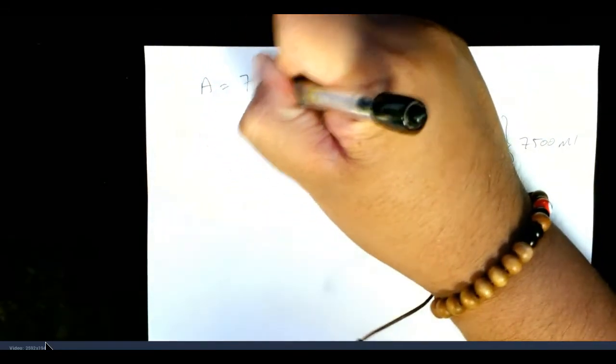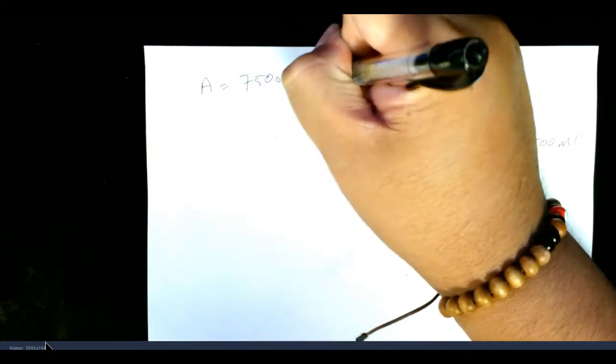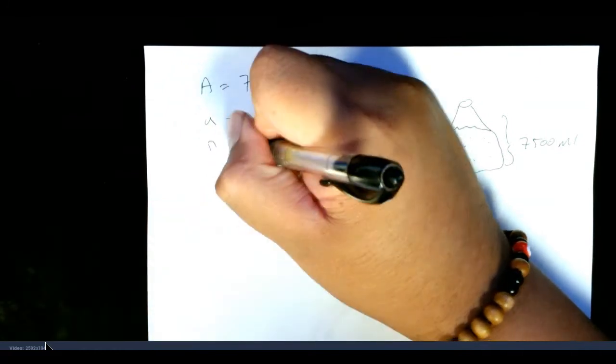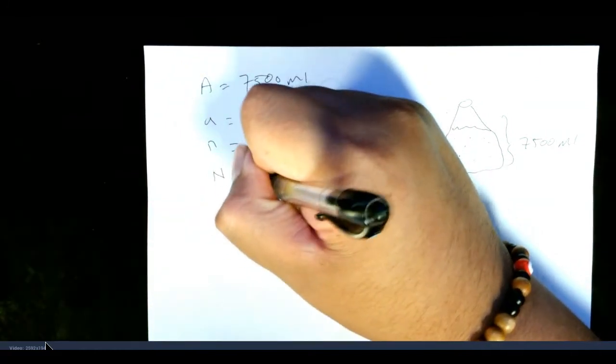All right. None of us want to count all the sea monkeys in there. Too many. So that means that this is our big A. Big A is equal to 7,500 mLs. Got little a, we got little n, and then we're trying to solve for big N.